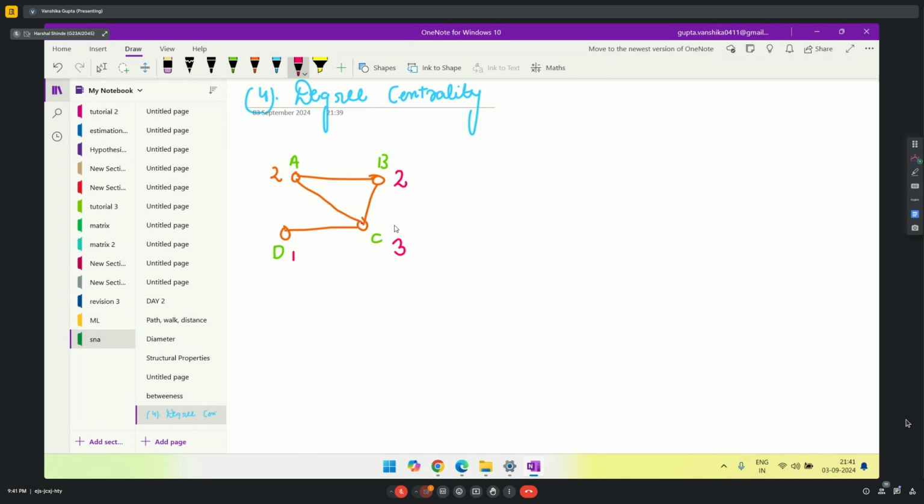So for that, I normalize this graph. What I do to normalize a graph is, whatever degree I have, I will divide it by the maximum possible edges.